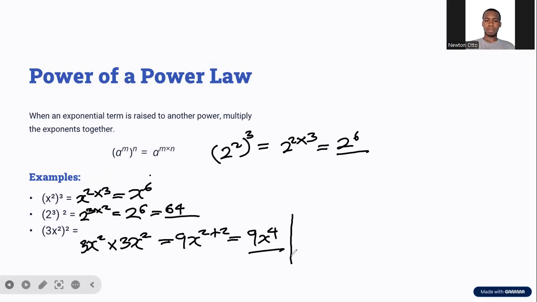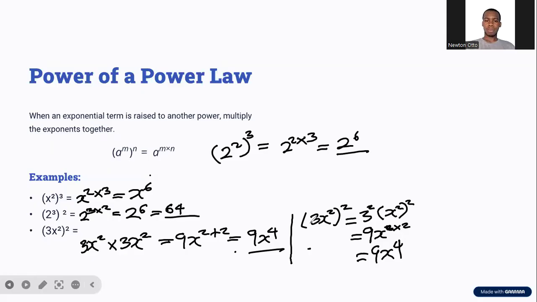Another way of solving the same equation is saying 3x squared all squared gives us 3 squared times x squared all squared. And 3 squared is 3 times 3, which gives us 9, and x to the power 2 times 2 gives us 9x raised to the power 4. So you can solve this last question either like this or like this.